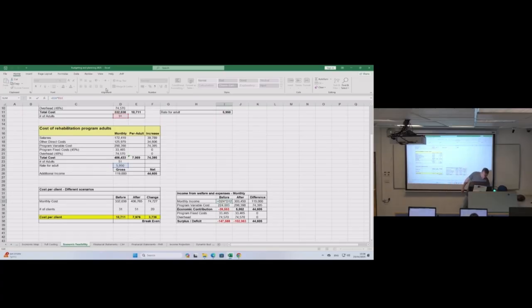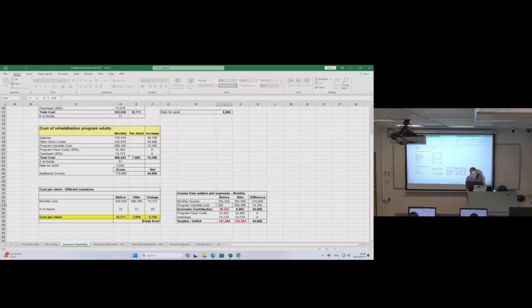Okay, that is the before, and that is the after, which is 51 times the rate, like in your exercise, the one that you'll do for 2 weeks from now. And the difference is 119.